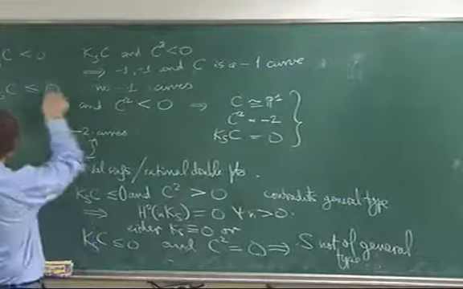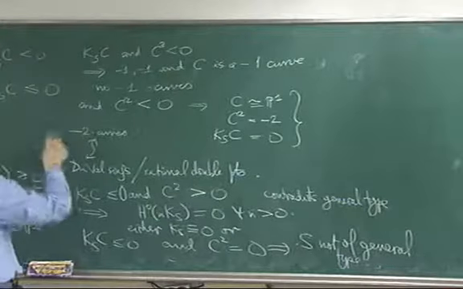So I've dealt here with all the possibilities that Ks times curves are negative, right?